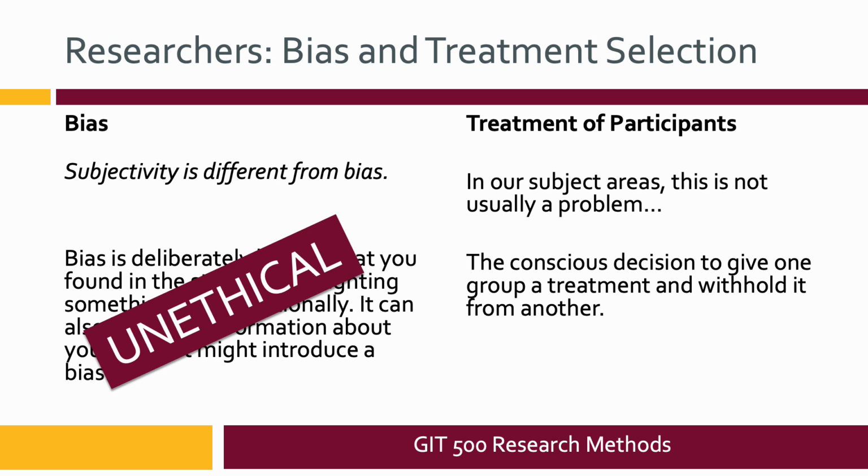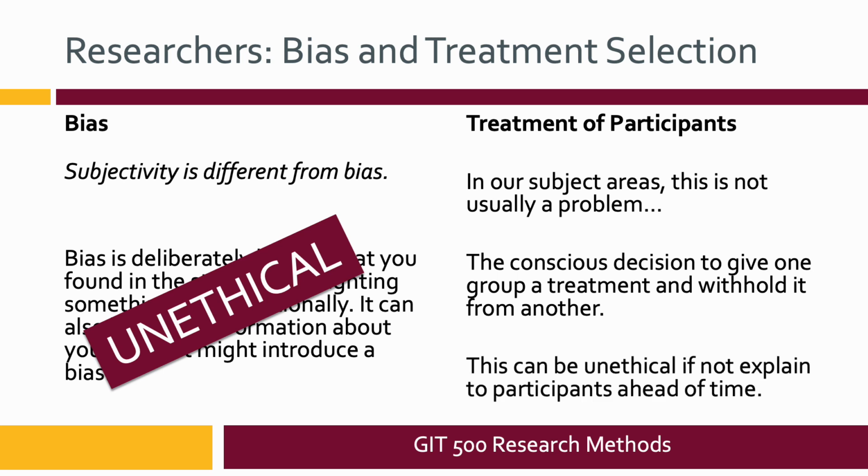That is okay as long as participants know that this could happen, but it has to be done randomly. Like, you can't just say, well, I'm going to give the drug to all the males but not to all the females. You can't do that. That's unfair, unethical treatment of participants.